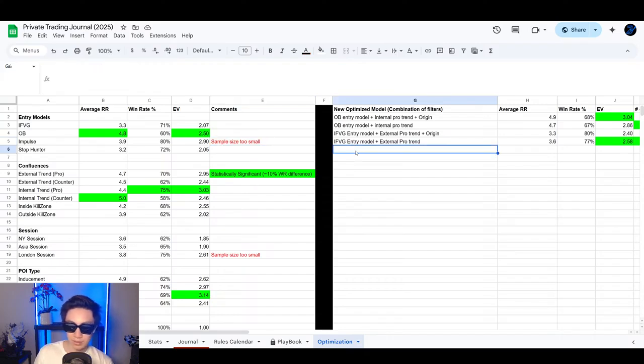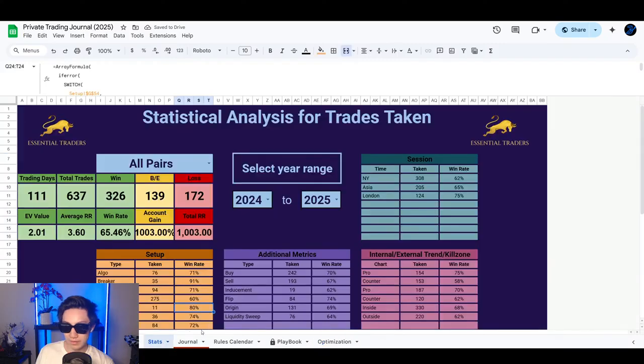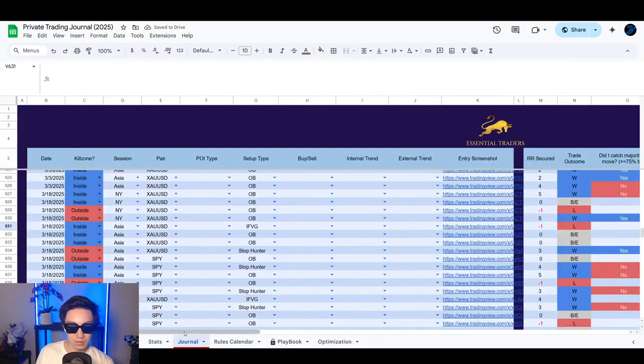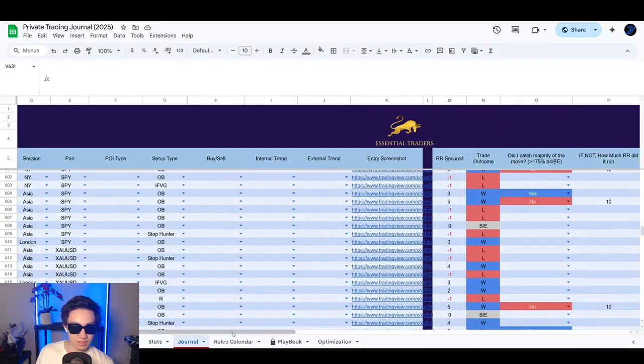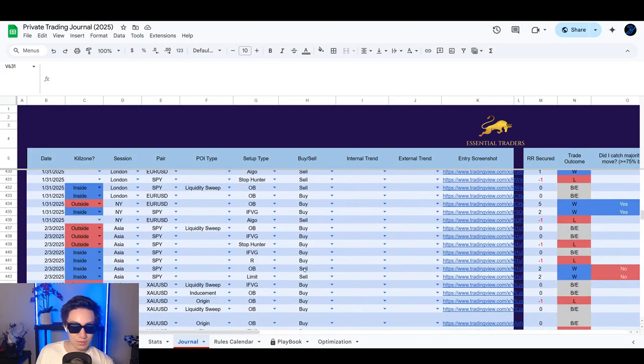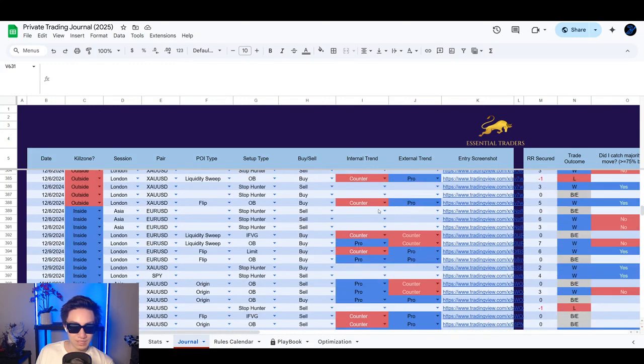Let's try my stop hunter model here. So we do stop hunter model plus, we'll pick a confluence here for stop hunter. Honestly, the trend actually does not matter for stop hunter. The internal trend means nothing for stop hunter. It's irrelevant to the stop hunter setup. So if you see stop hunter, I don't journal the internal trend for stop hunter setups.